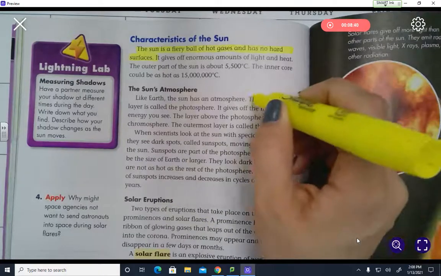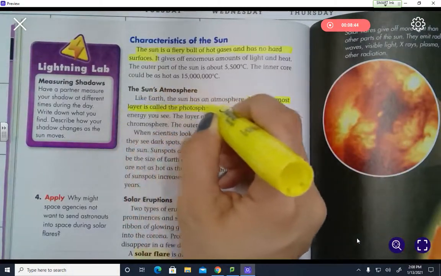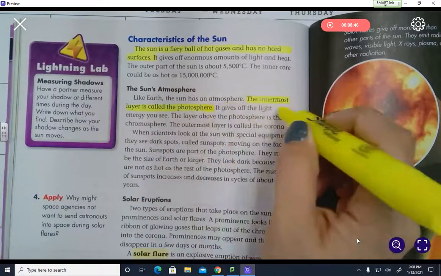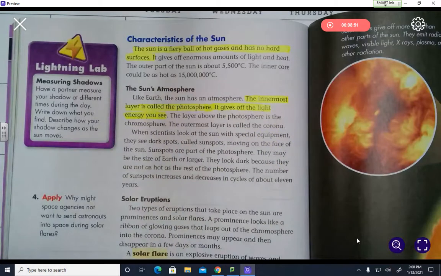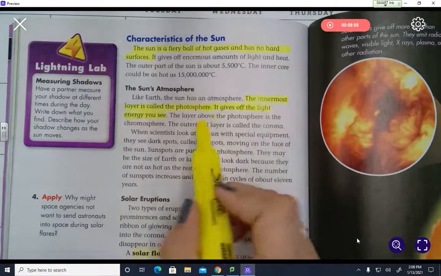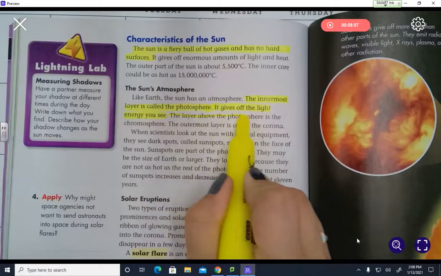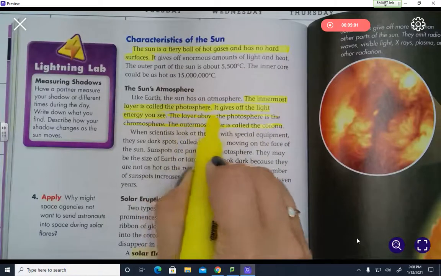I want you to highlight the innermost layer is called the photosphere. It gives off the layer that we see, the light we see. We're going to highlight that the layer above is called the chromosphere and the outermost layer.